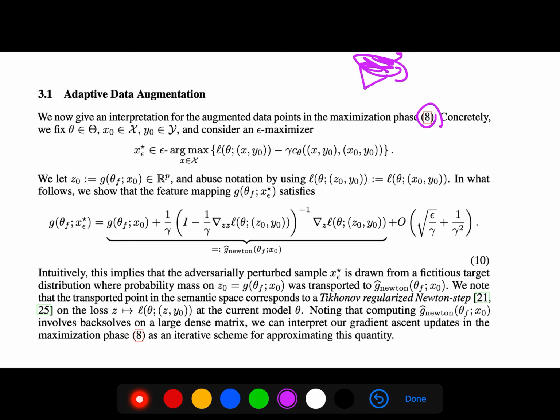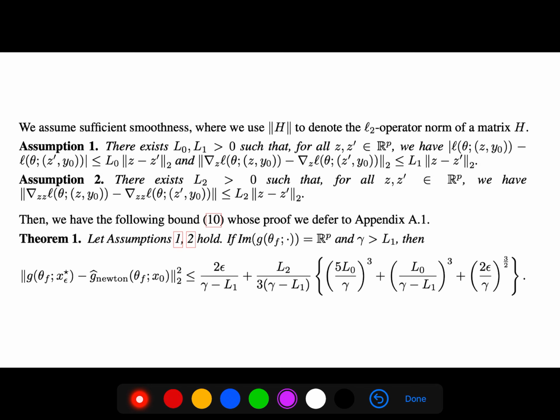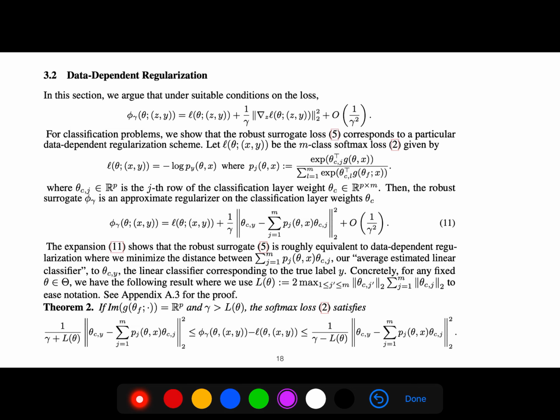So this implies that the adversarially perturbed sample is drawn from a fictitious target distribution, where probability mass in Z0 was transported to this G hat nu. And also they have the theorem that the distance is upper bounded by these constants.